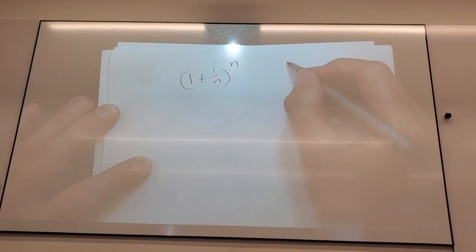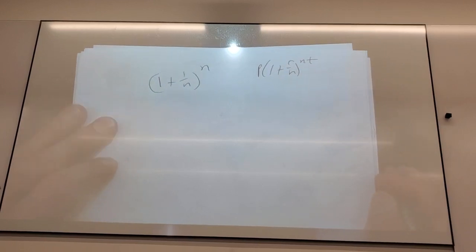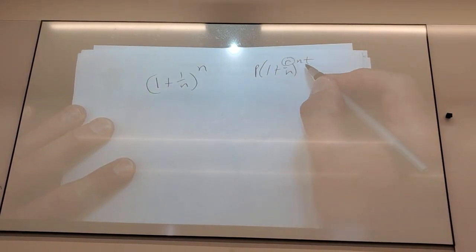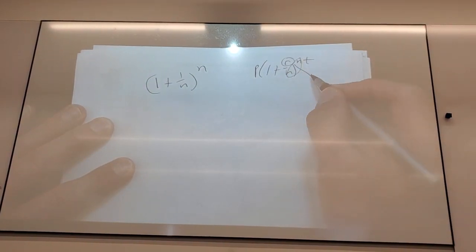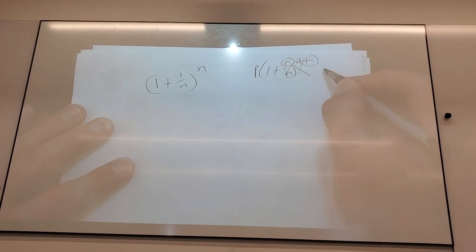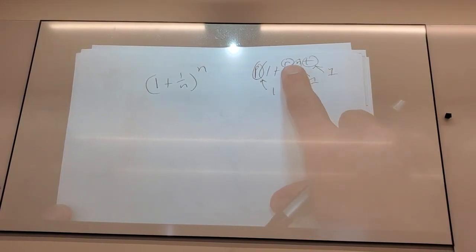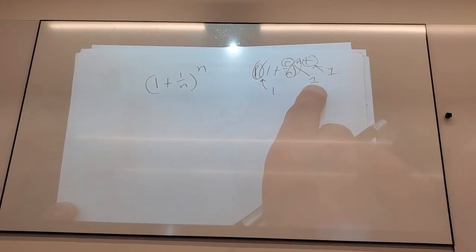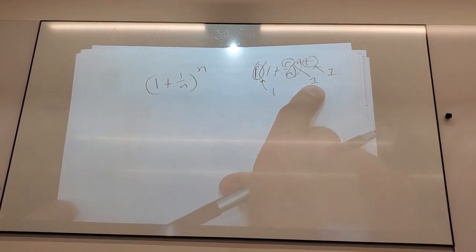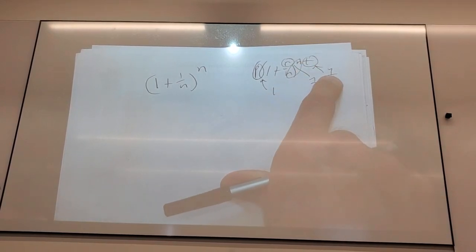So real quick, just for a second, if I let R be 1, and I let N be N, and I let T be 1, and I let P be 1. So if I put $1 into an account earning 100% for 1 year, that's this idea.